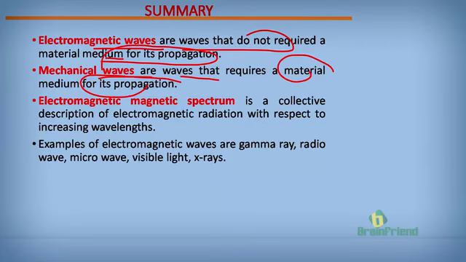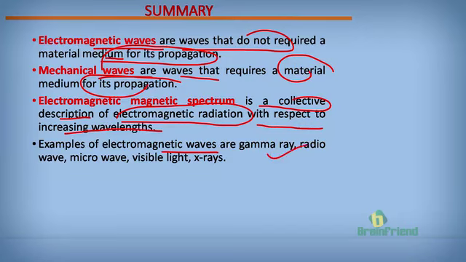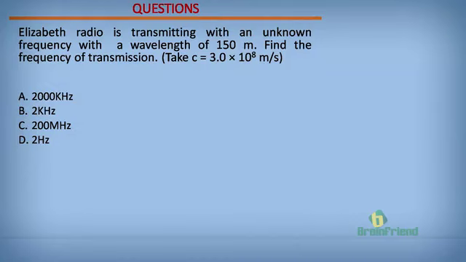Electromagnetic spectrum is simply a collective description of electromagnetic radiation with respect to increasing wavelength. What are some examples of electromagnetic waves? We have the gamma ray, the radio wave, the microwave, the visible light, and the X-ray.